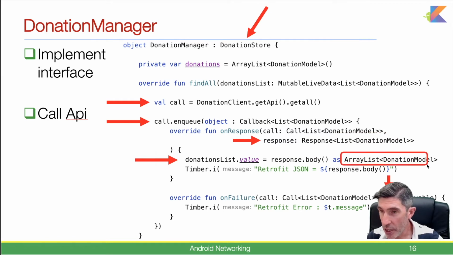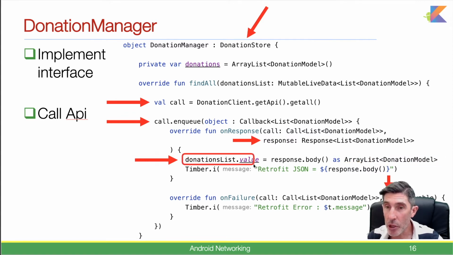We will convert it to and store it as an array list. So we use our as ArrayList of donation model, and then assign it directly to our mutable data, which is our live data, which is our donation list, which will then trigger an update back in the view.